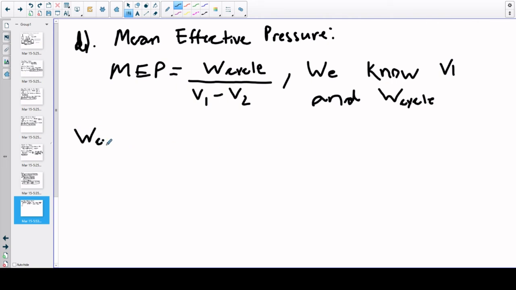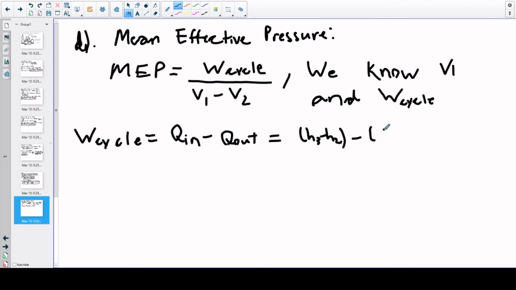But we know work cycle, right? And we know volume 1. Volume 1 was given to us in the question. And work cycle, we have all the information to find, right? So I'm going to do that really fast.